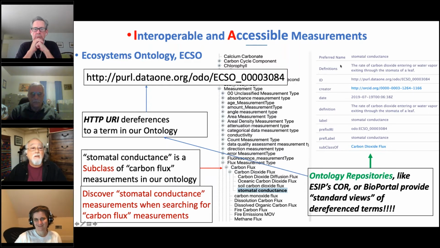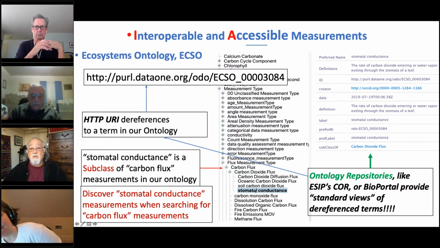It's a stomatal conductance. But again, using Protege, we can see that stomatal conductance is actually a type of carbon dioxide flux, which is actually a type of carbon flux. So if you're looking for measurements, say, of carbon flux, you will find the measurements of stomatal conductance.